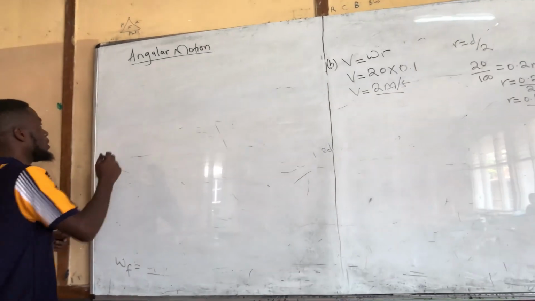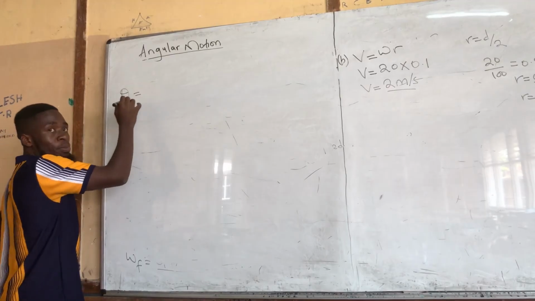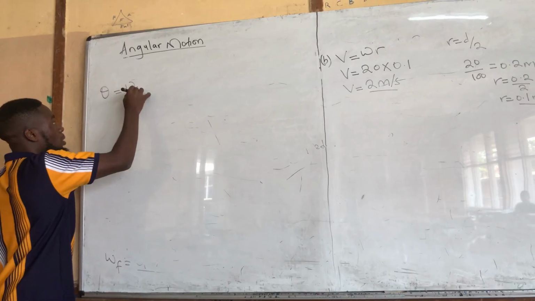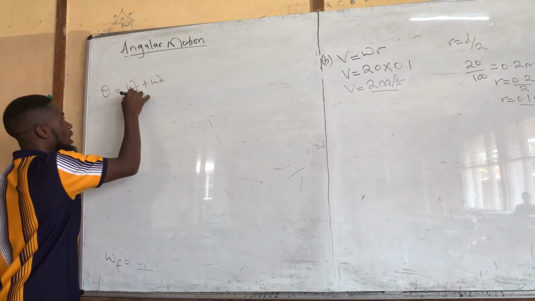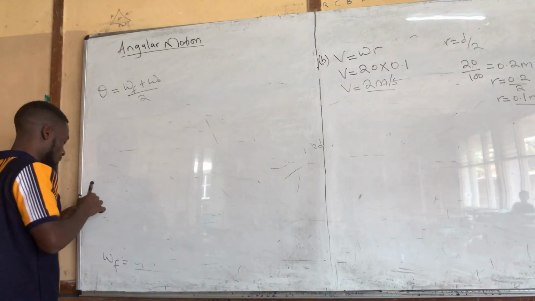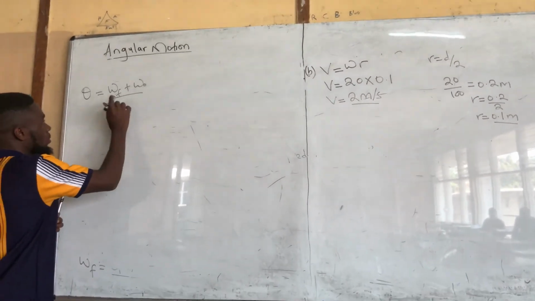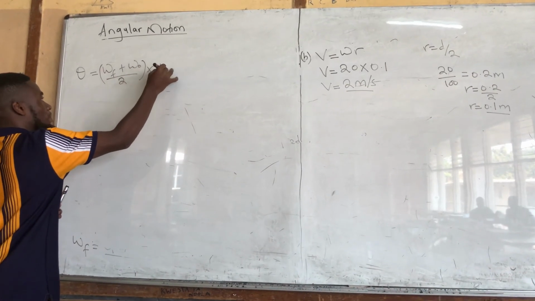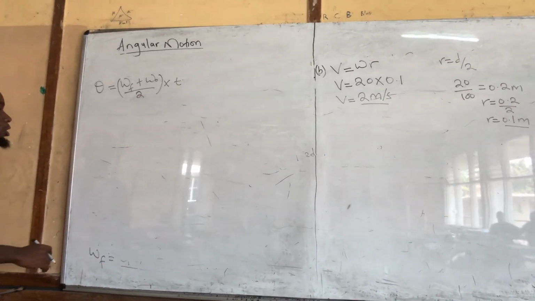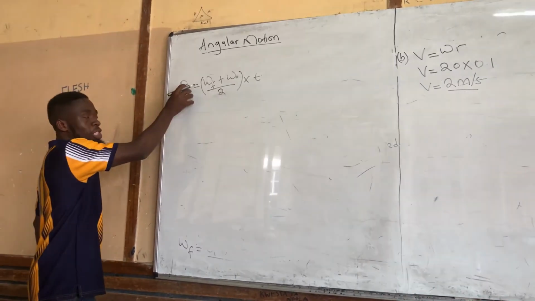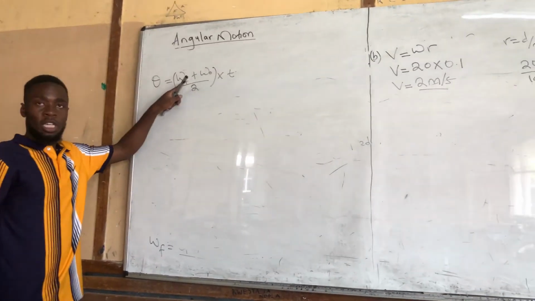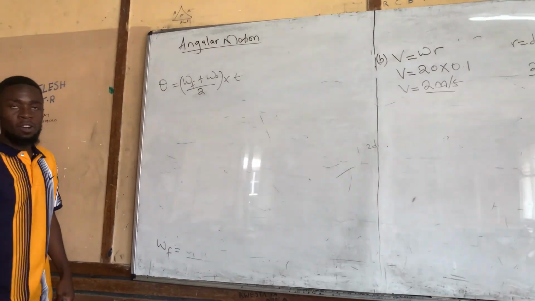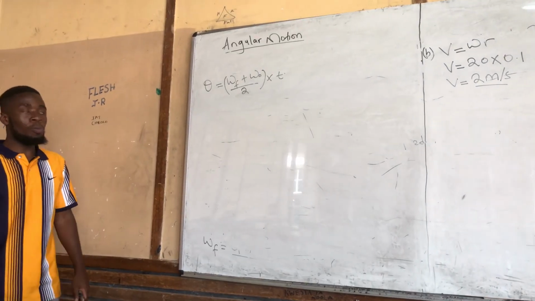Let's get the simple one: angular displacement is equal to the angular speed final plus the initial over 2, multiplied by time. So we use this formula: omega final plus omega initial over 2 multiplied by T.